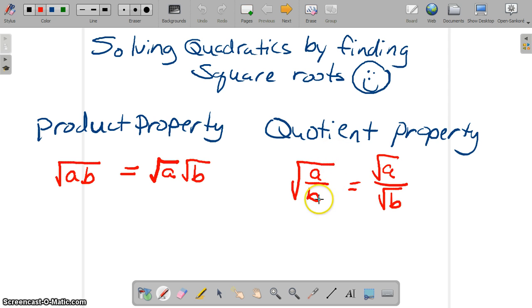Square root of a over b here, quotient property, same thing. You can pull them out in two separate radicals, the quotient of two radicals. So we are going to be using these properties in order to simplify our square roots or radicals.